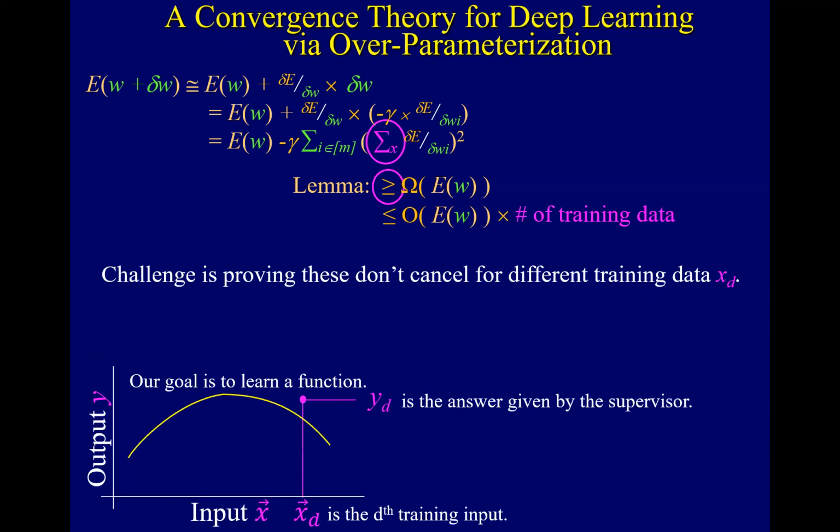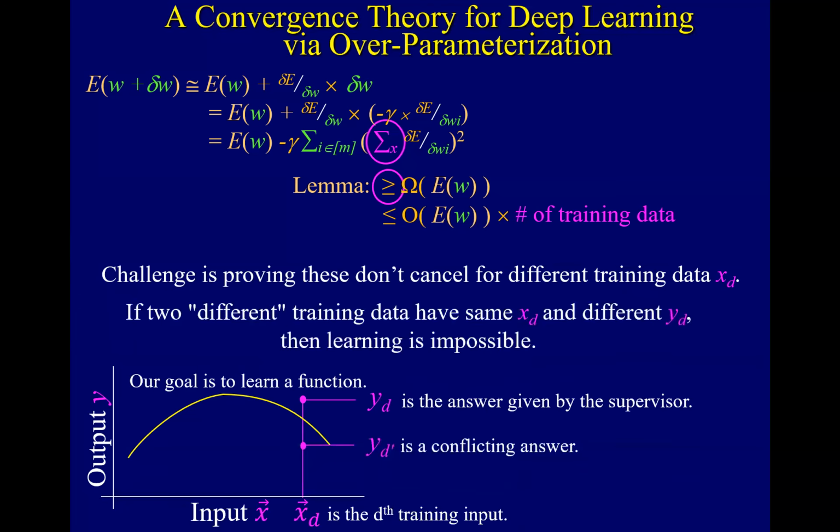Remember, we have our training data, our x's and our y's that we're trying to learn. Well, what happens if I have two x's that are the same and they have different y's? Well, you clearly can't learn that, right? So you got to fix that problem. And the way we fix it is by saying the minimal distance between any two x's has to be a certain amount.